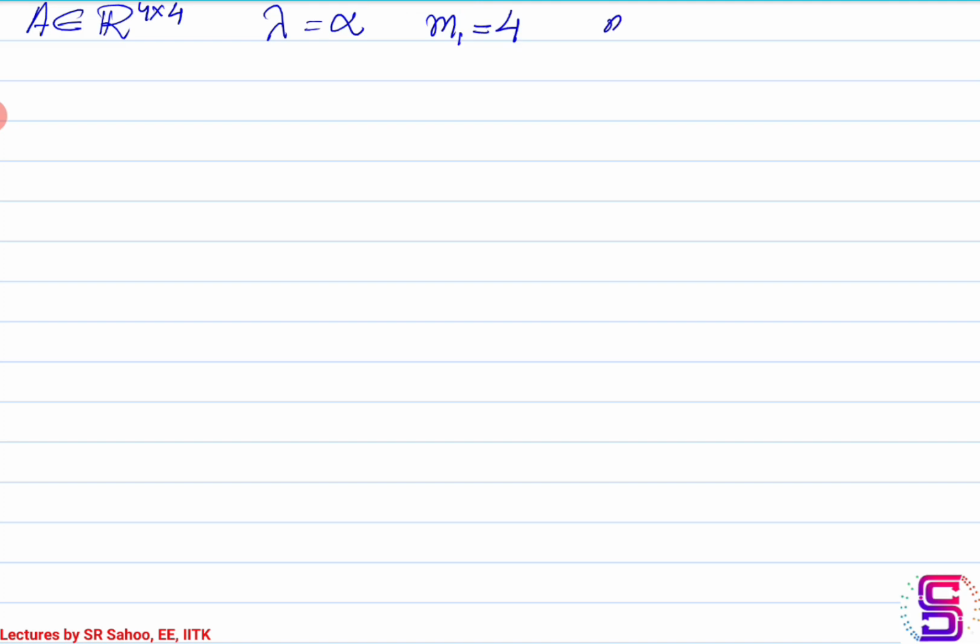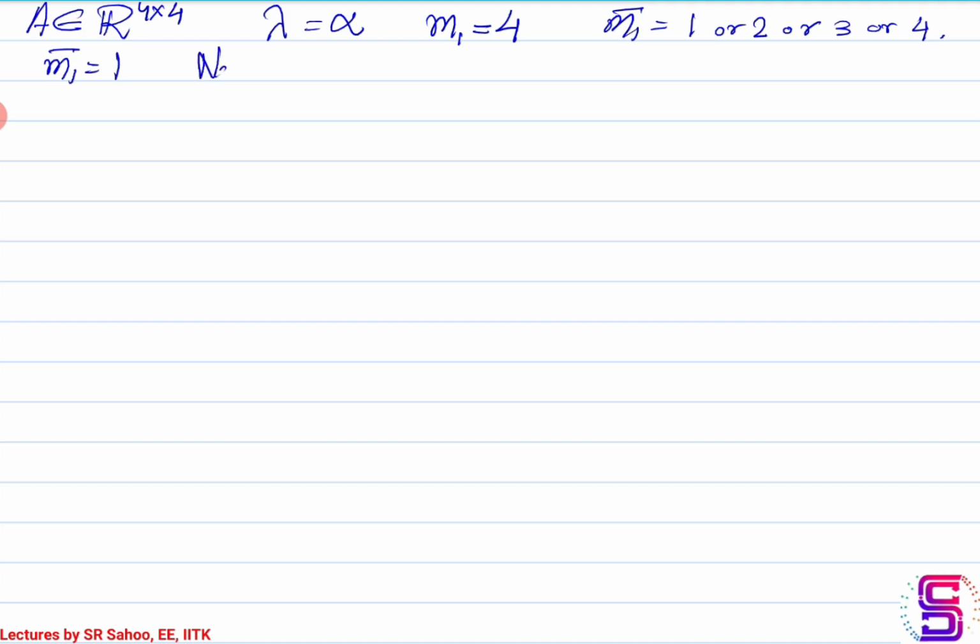The possible geometric multiplicities are 1, 2, 3 or 4. Okay, so it means it might have 1 OEV, 2 OEVs, 3 OEVs or 4 OEVs.